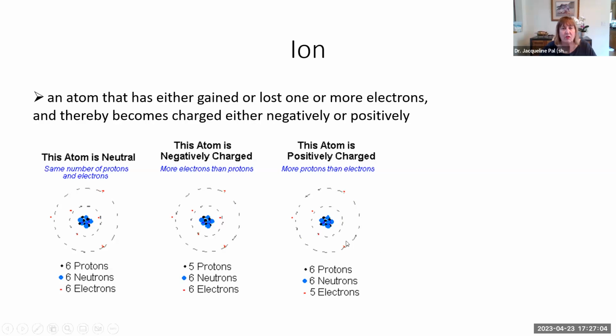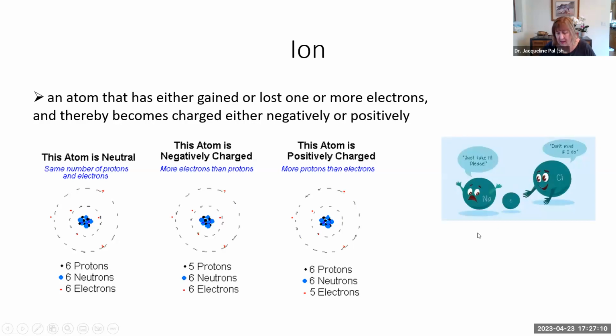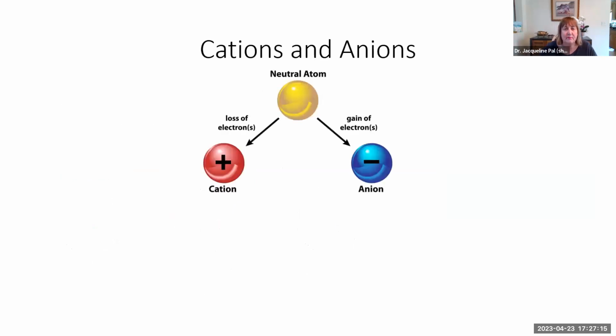So those are our two types of ions, either positively charged or negatively charged, okay? And there's a couple of ways that this can happen. But we have words that are used. Instead of having to write out positively charged molecule, negatively charged molecule, we have single words that can do that.